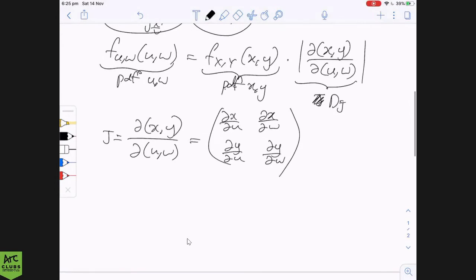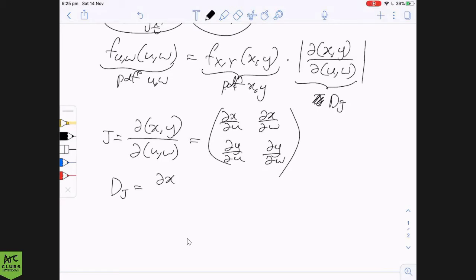So first of all, what's the determinant of this Jacobian?